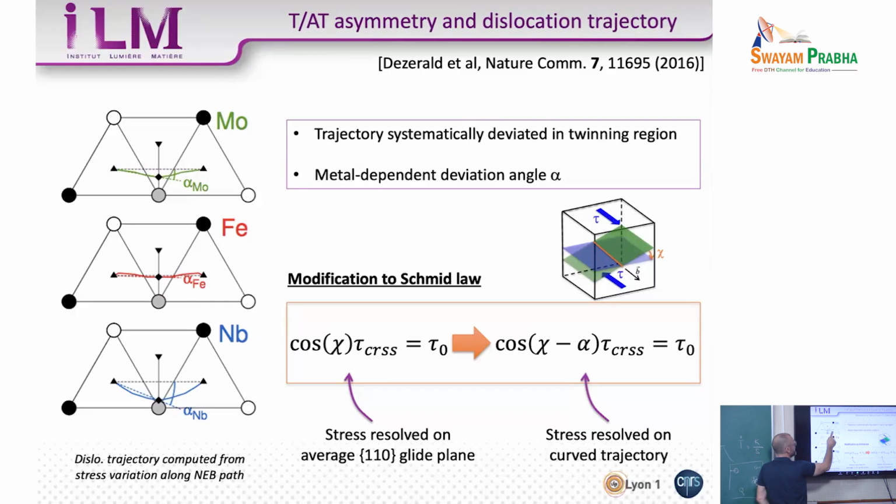And then what we said is that, instead of projecting along this line, we're going to project along that line here, which would be the 110 in the case of iron, but which would be strongly deviated in niobium, and then with an intermediate angle in molybdenum. So it means, in practice, that if you apply Schmidt law, what counts is only this chi angle that I mentioned before.